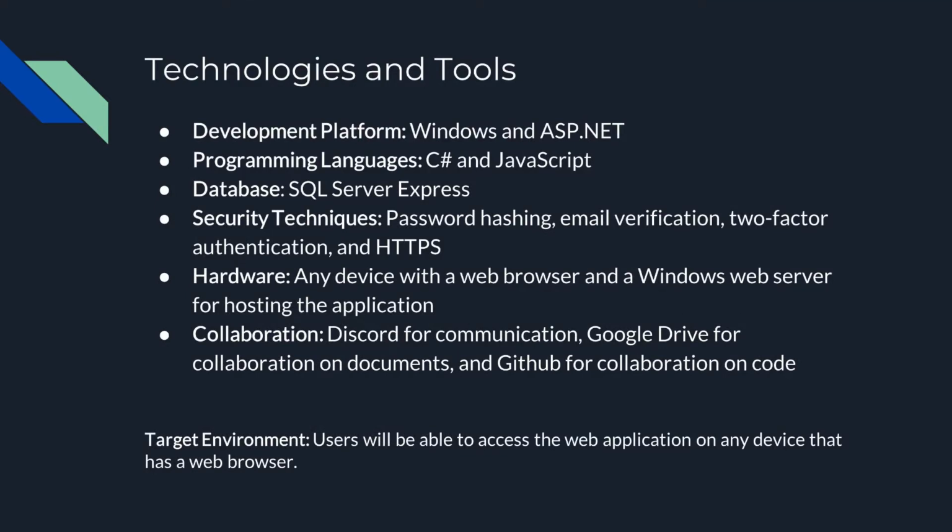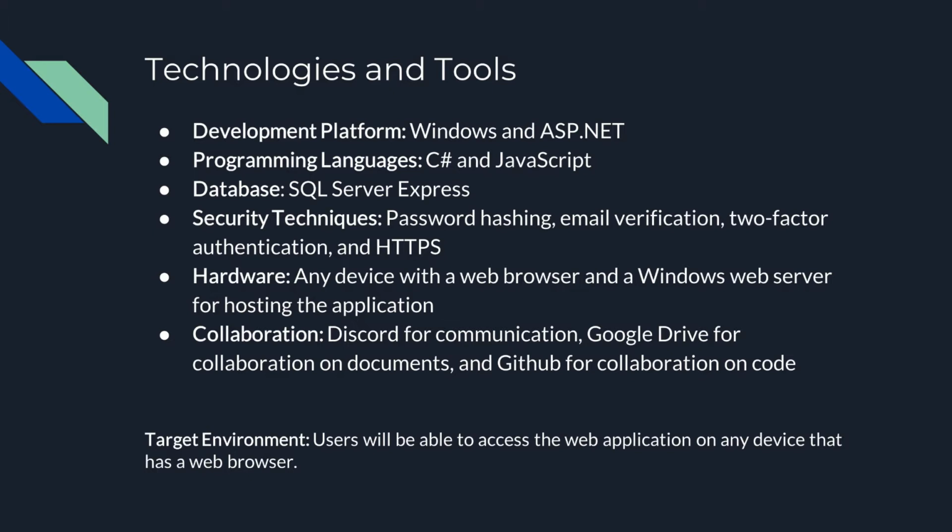Next is our technologies and tools that we used for the development of this project. First, for our development platform, we had Windows and ASP.NET. Programming languages, we had C# and JavaScript. For the database, we used SQL Server Express. For security techniques, we had password hashing, email verification, two-factor authentication, and HTTPS.